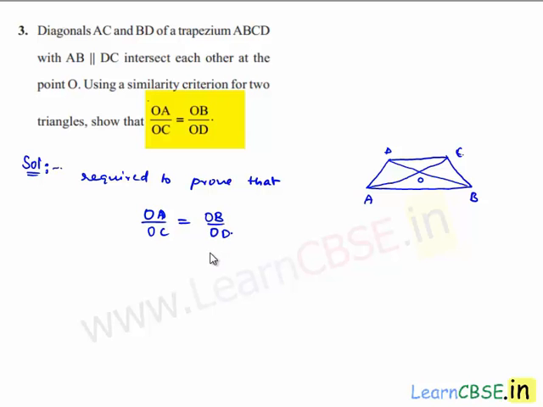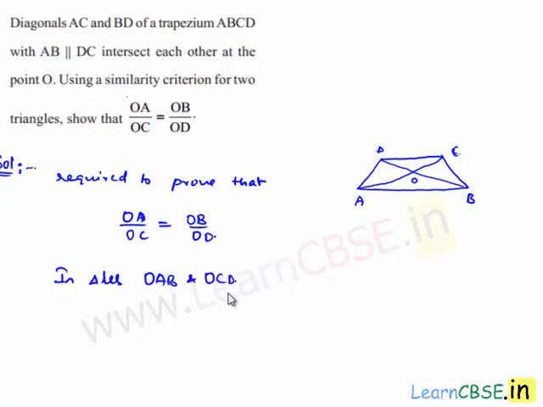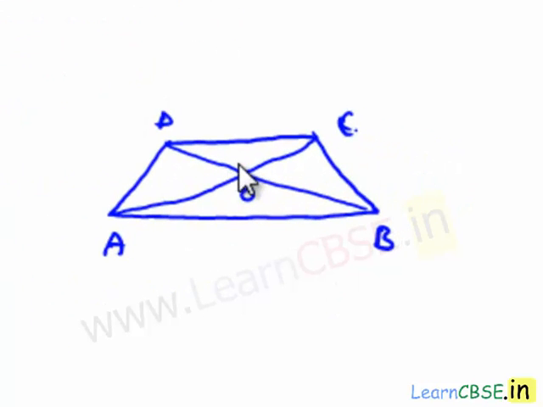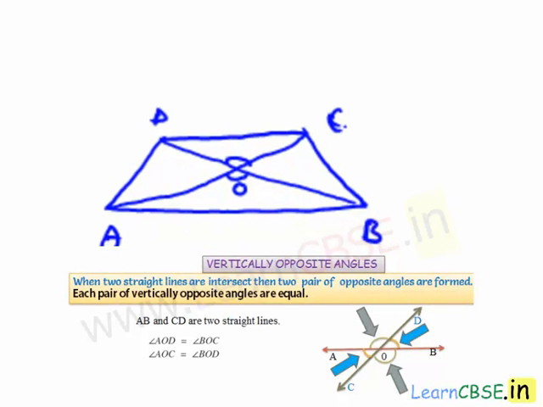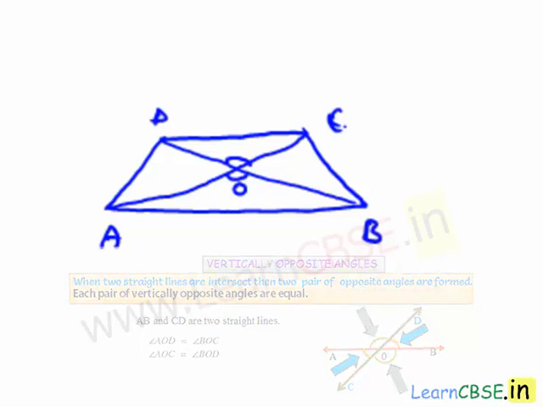Now in order to prove that, let us consider the two triangles OAB and OCD. In these two triangles, angle AOB will be equal to angle DOC since they are vertically opposite angles. Those will be equal about the common intersection point.